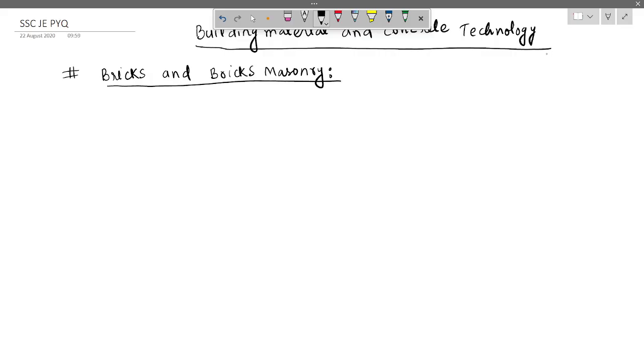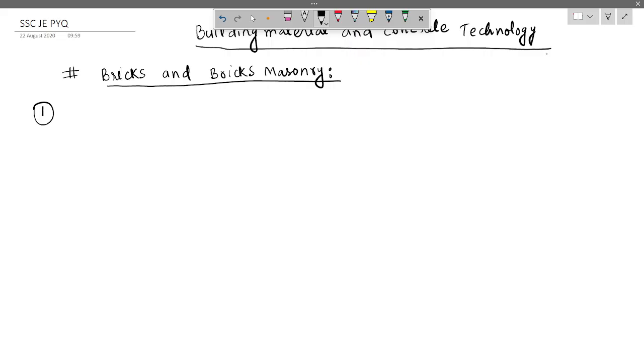There are various questions asked in SSC JE, so let us solve one of them. The first question is: the percentage of alumina in a good brick earth lies between. There are 4 options.